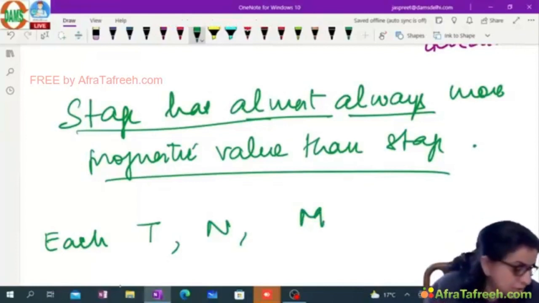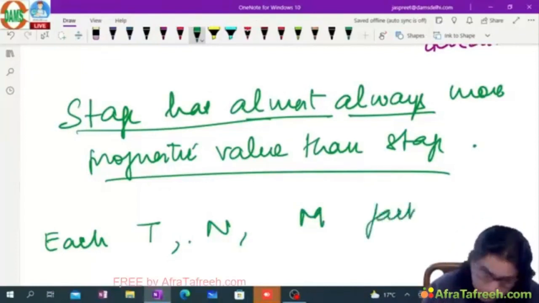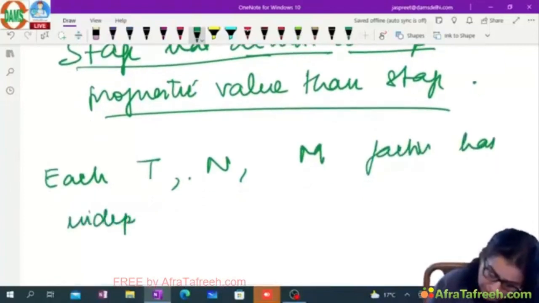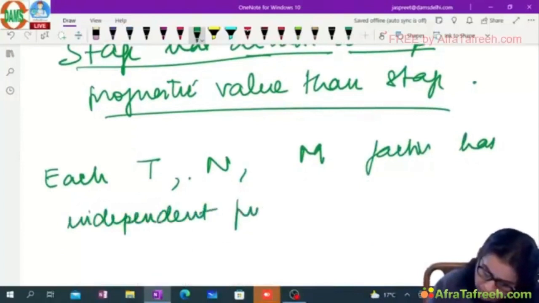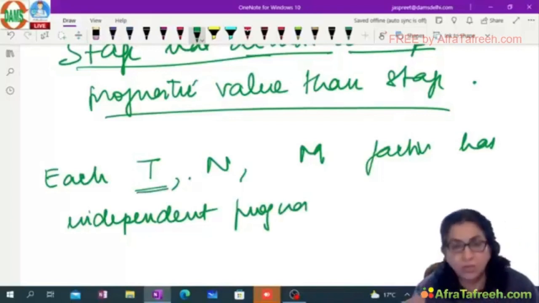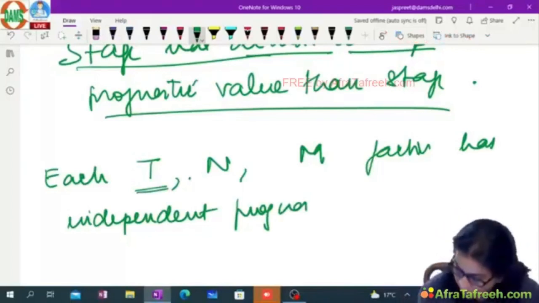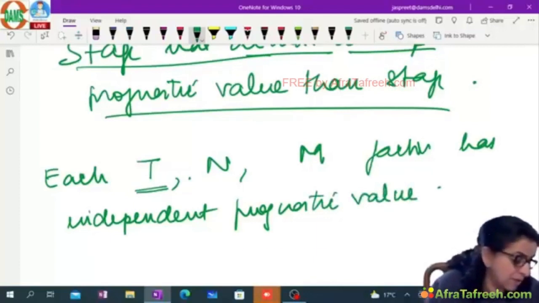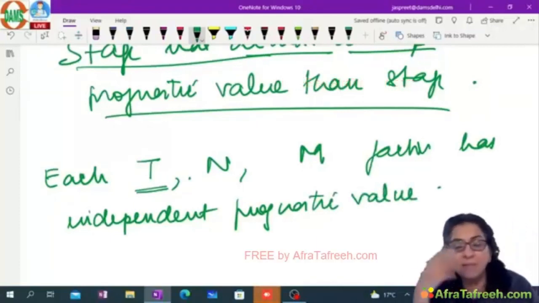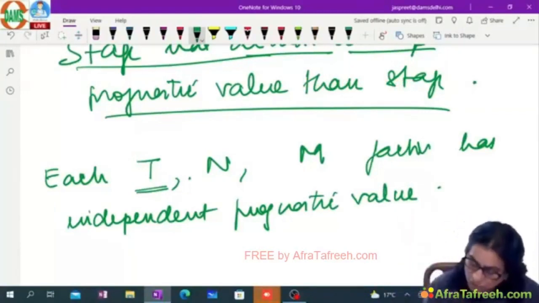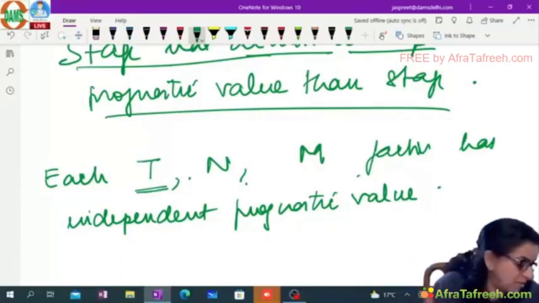Each of T, N, and M has independent prognostic value. Tumor size has prognostic value, node has prognostic value, M has prognostic value. M is often the most important. Why? Because M tells you the tumor has spread far and wide.